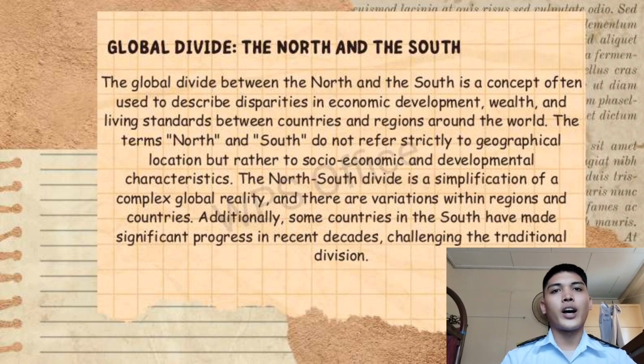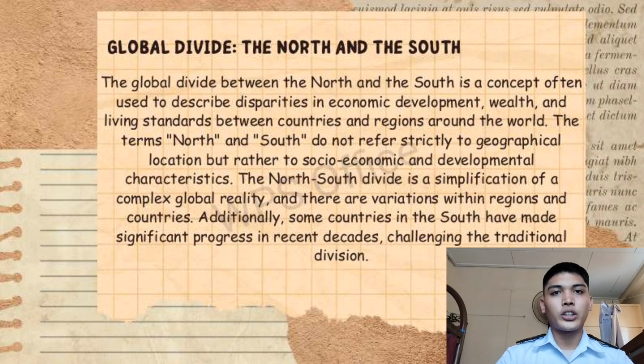So, the history of the divide is the idea of categorizing countries by their economic and developmental status. It began during the Cold War, with the classifications of East and West. The Soviet Union and China represented the East, and the United States and their allies represented the West. The term Third World was coined by states hoping to navigate between the two poles in the Cold War, and ultimately gave birth to the Non-Aligned Movement.